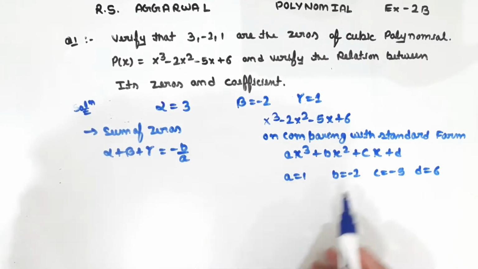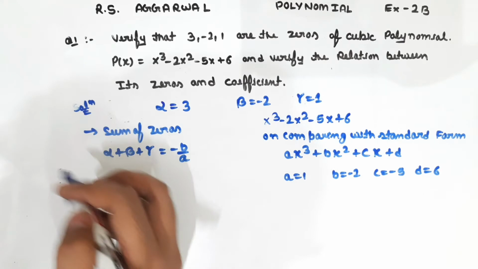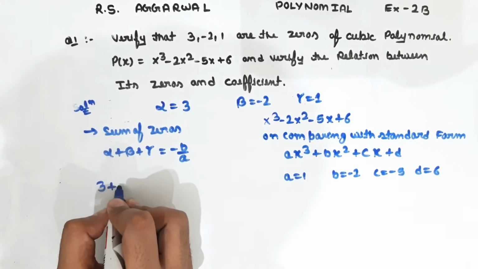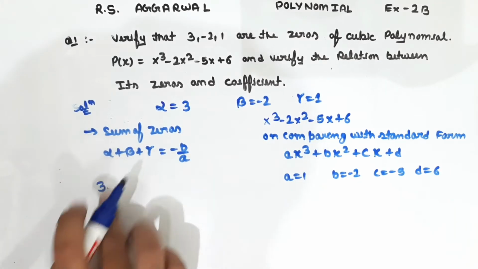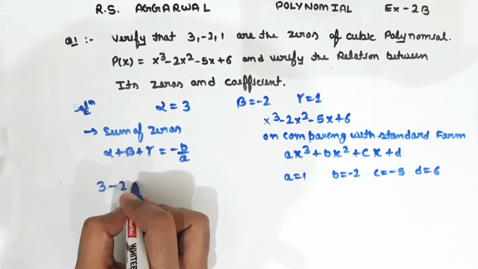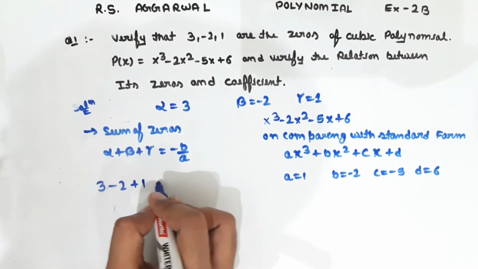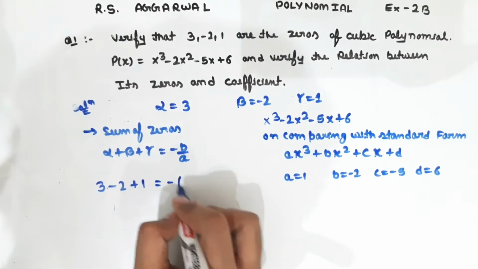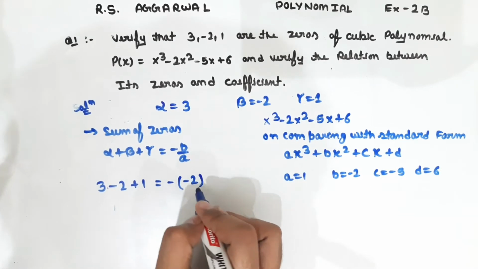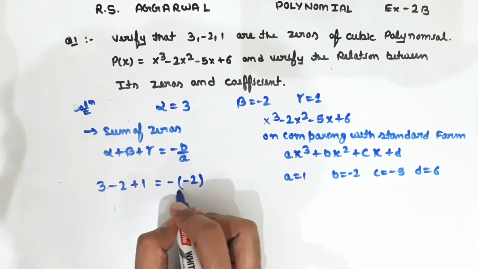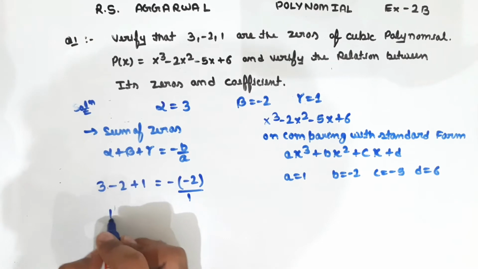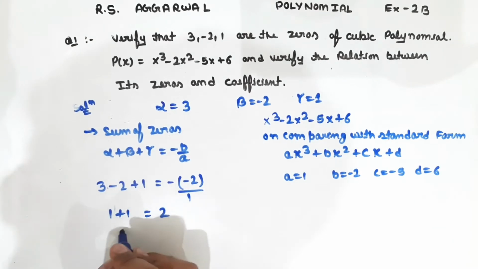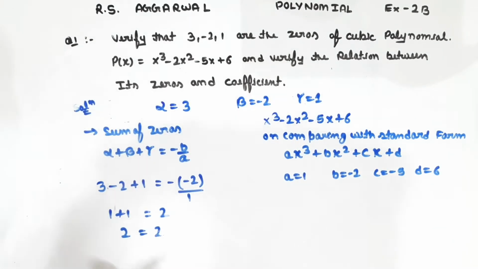So our b is minus 2. So alpha is 3, beta is minus 2, and gamma is 1, equals to minus b upon a, so minus of minus 2 upon 1. 3 minus 2 plus 1 equals 2. So 2 equals 2.